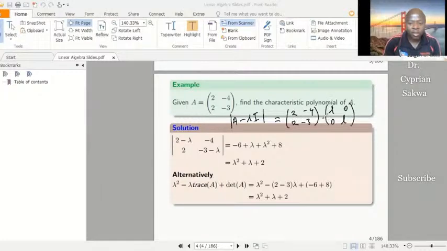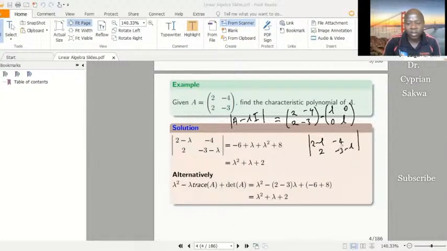So when you subtract this, you have 2 minus lambda, and you have negative 4 minus 0, which is negative 4. You have 2 minus 0, which is 2, and you have negative 3 minus lambda. And then you get the determinant of this.